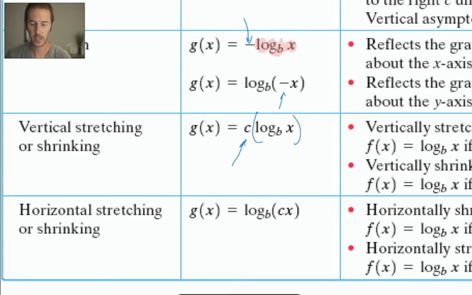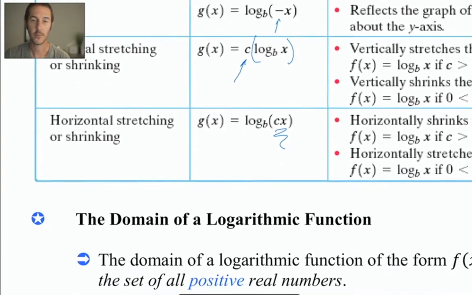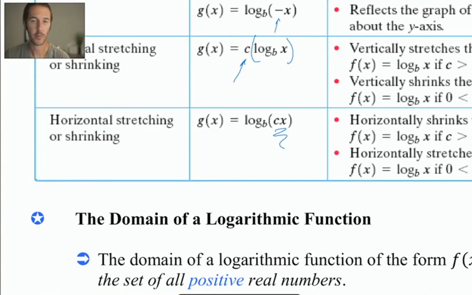X values are staying the same, y values are changing. Here, the x values get impacted in a kind of backwards way. If that c value says 3, then you get a horizontal shrink. Your graph becomes 1/3 as wide. And vice versa. If your c value there were a 1/4, your graph would become 4 times wider.